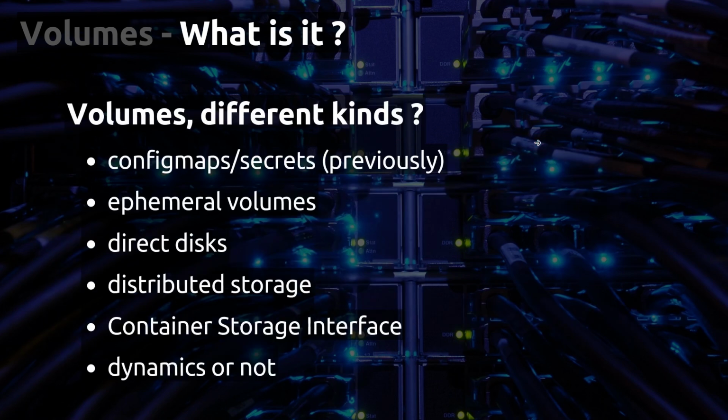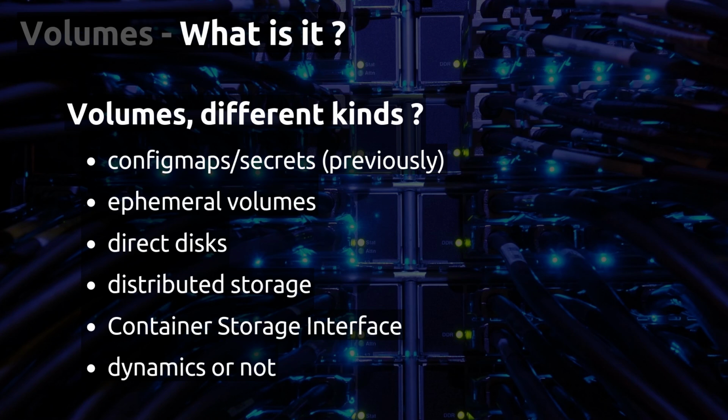So some other words about the different kinds of volume. We already have seen config maps and secrets previously, of course. And today we will see ephemeral volumes like EmptyDir.